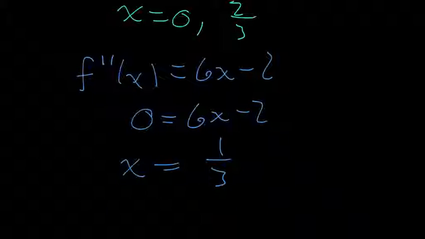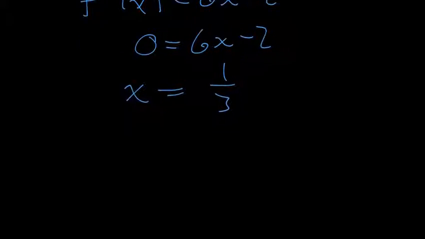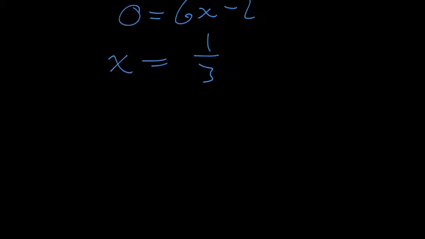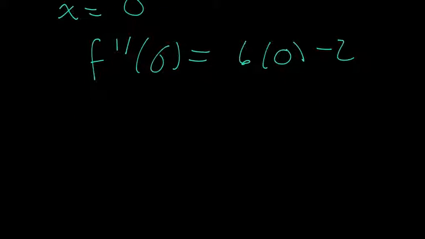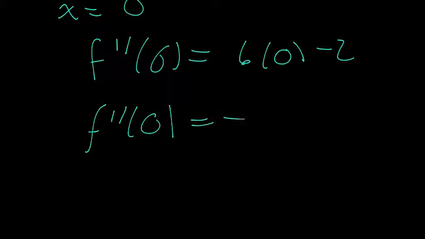But to find out whether those points are local maxima or local minima, we have to plug them into our second derivative. I'll plug in our first critical point, x equals 0. At this point, f double prime of 0 equals 6 times 0 minus 2. That tells us that our second derivative at this point is equal to negative 2.